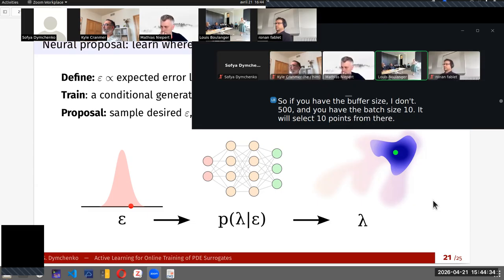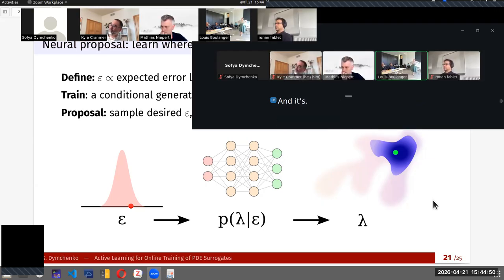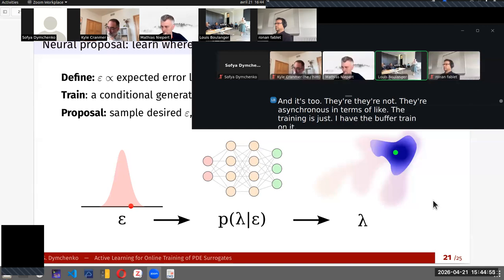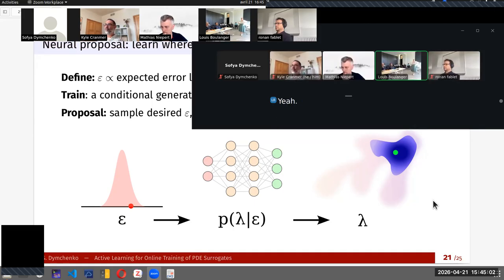The buffer is actively changing. When data is received, it does some updates: it looks at which samples were already seen, removes them, and puts in new unseen ones. They're asynchronous: I have the buffer, I train on it, the same as it would be with some stored data set. It's disconnected from the receiving side. It's two different processes.